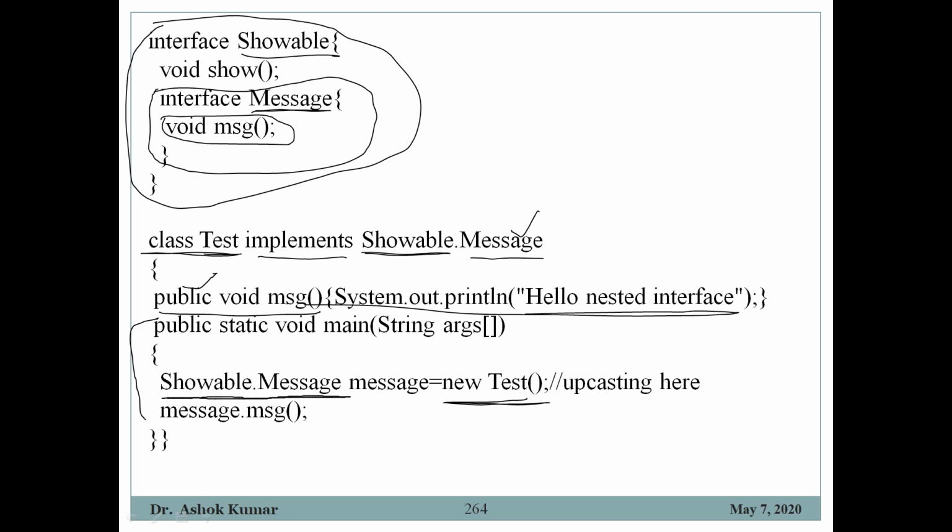This is the name of the reference, message, right? And with the interface reference type, you can call the method. So we are calling message dot msg. So message is the name of the reference, and with this we are calling msg method. So this will get called, and you will get hello nested interface on your monitor screen as the result.